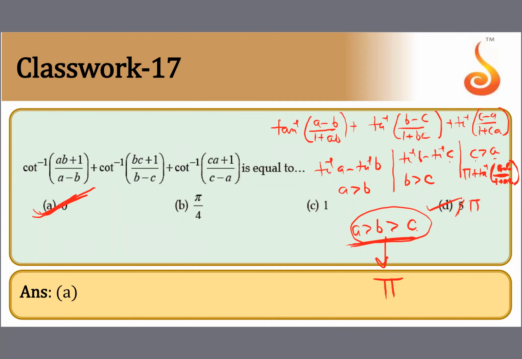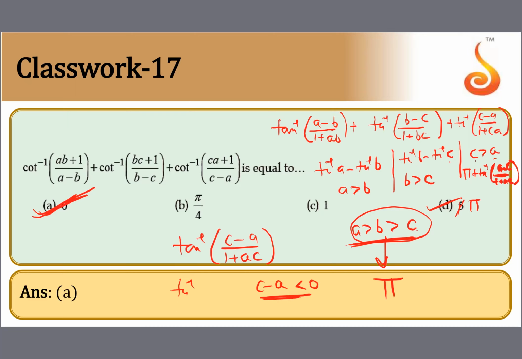If it is c minus a, what is happening? Tan inverse (c minus a) by (1 plus ac). Correct? So here a is greater than c, so this becomes negative. c minus a is less than 0. Clear?